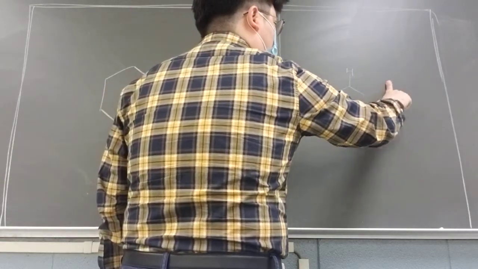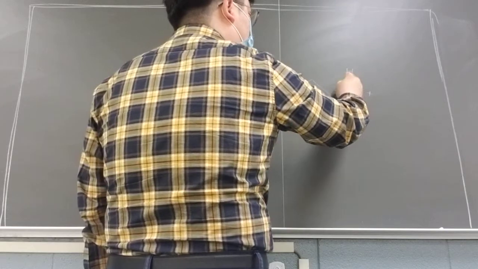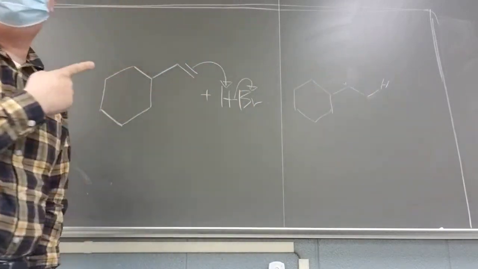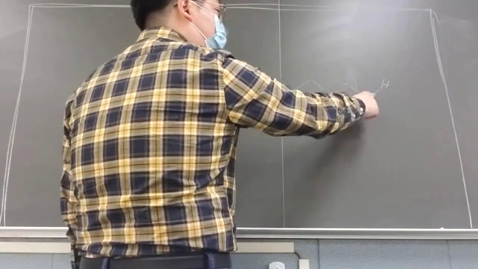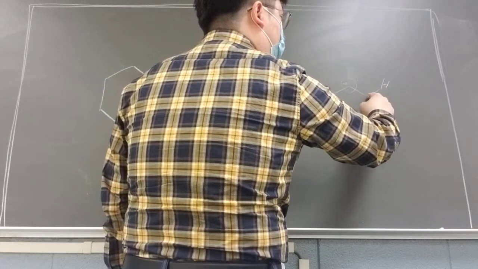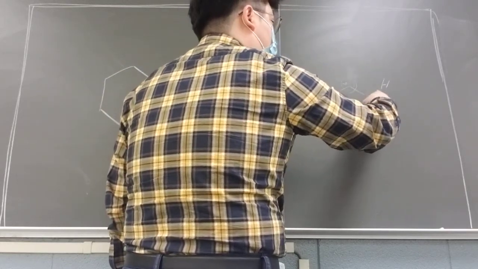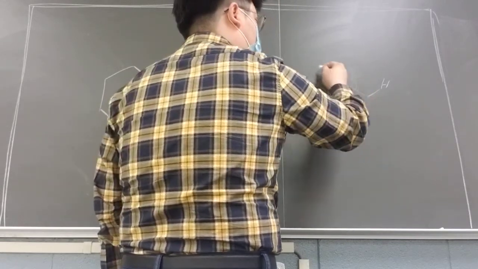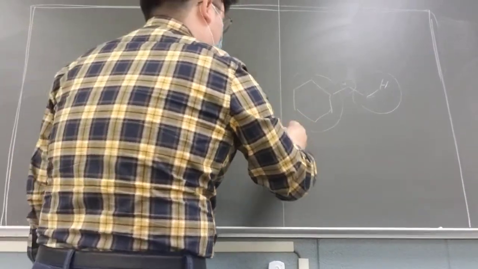That means you can have a carbocation here or here, okay? But this is better because this carbocation will be much more stable than this one, because this will have only a primary carbocation here, but this will be what? Secondary. So there are two orbitals on here.